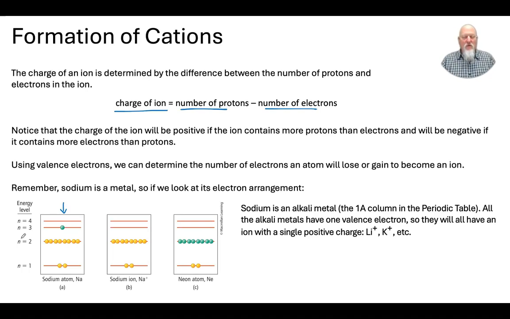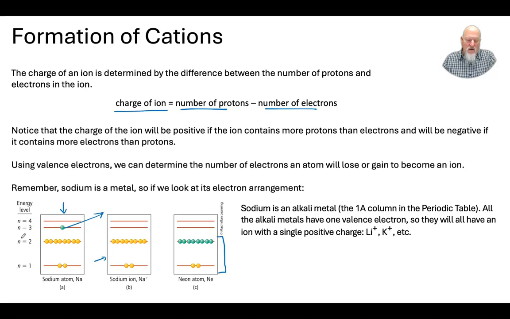When we make a sodium ion, it loses that electron, and I get the electron configuration that looks like that, where now we're back to a full energy level with 8 electrons. That electron configuration looks exactly like neon's, and we know neon is not reactive at all. So there's something about that electron configuration that makes the system really stable.